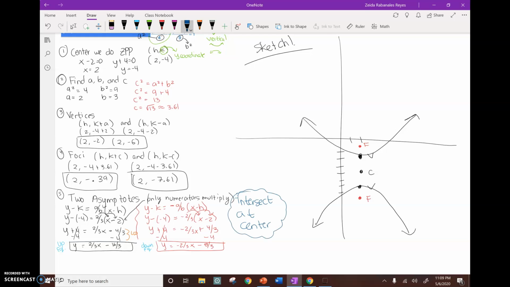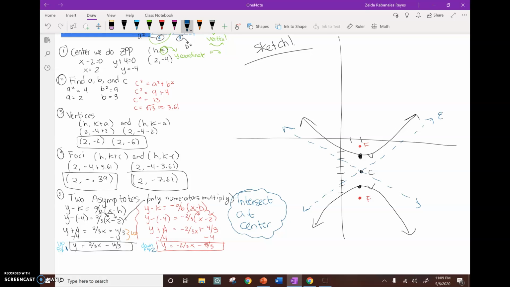So then if I sketch it, I know that I have one line going up and then I have one line going down. So then I can even label this equation 1 and equation 2.